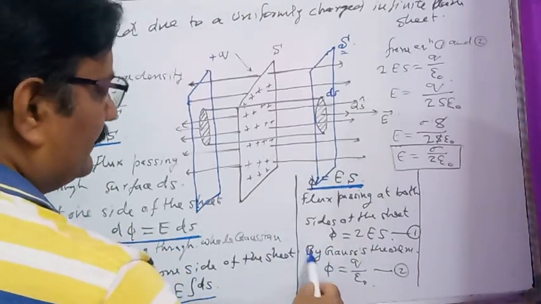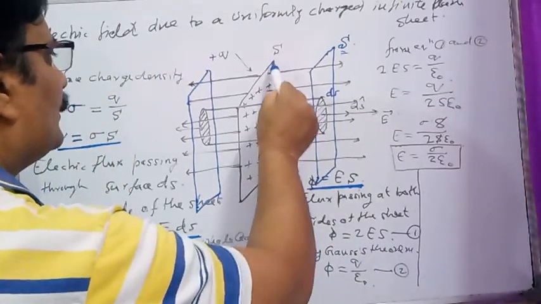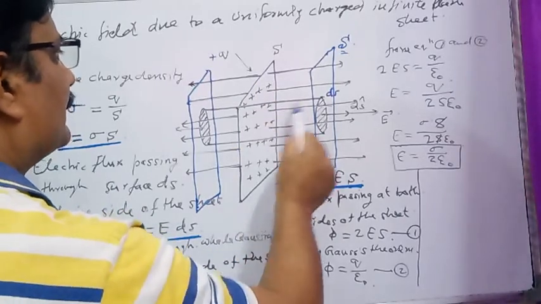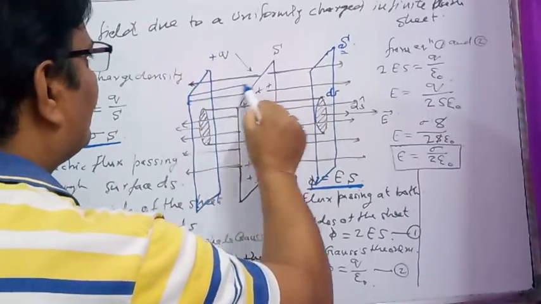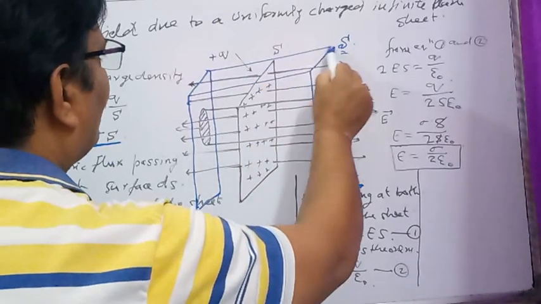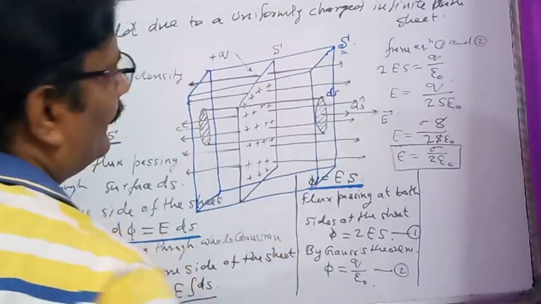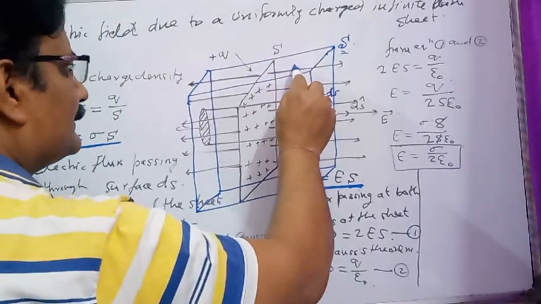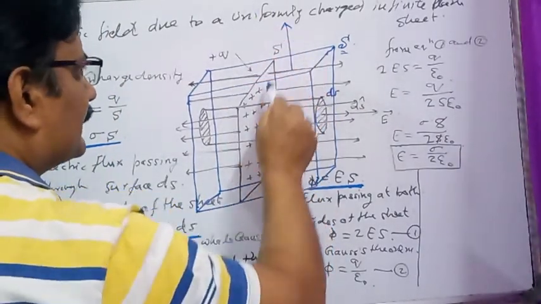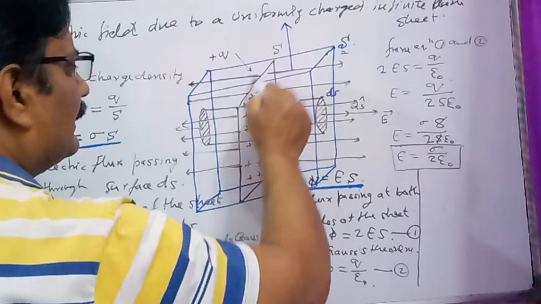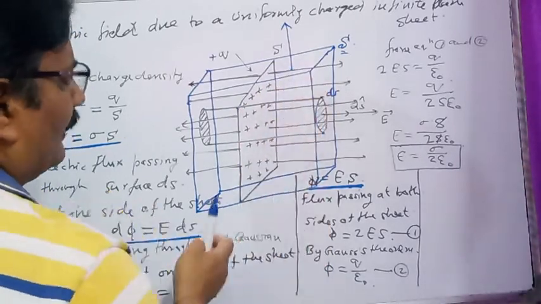Here 2 is multiplied. As you can see, the whole charge present on the sheet is contained in this cube, and there is no flux passing in this direction, as the thickness of the sheet is infinitely thin or very thin.